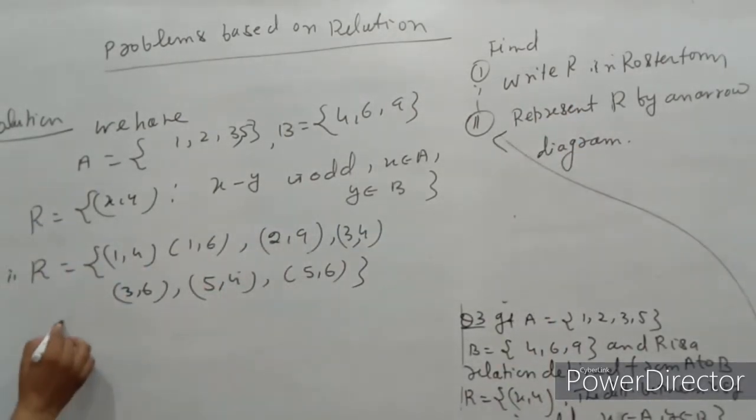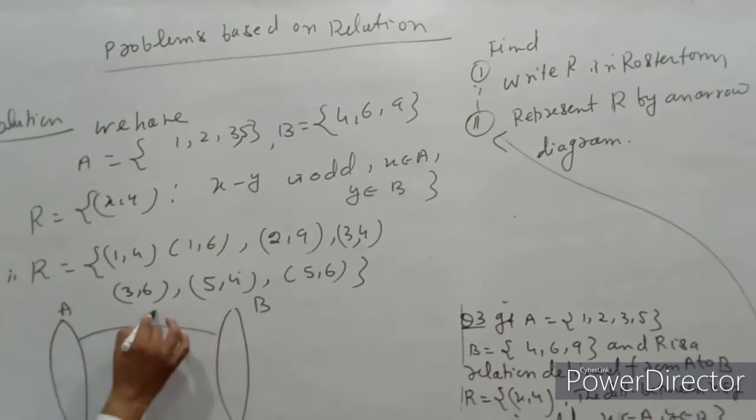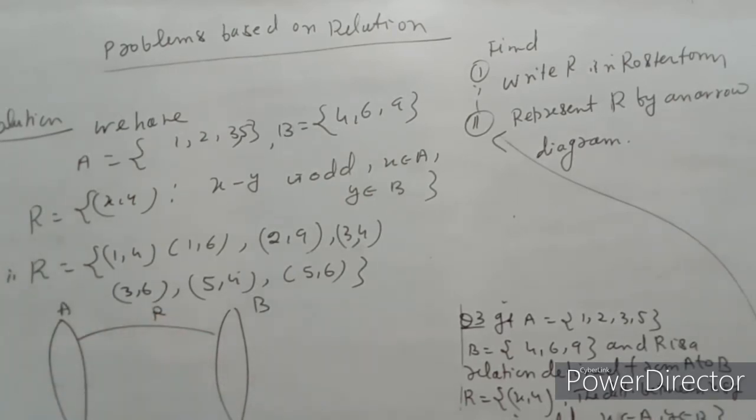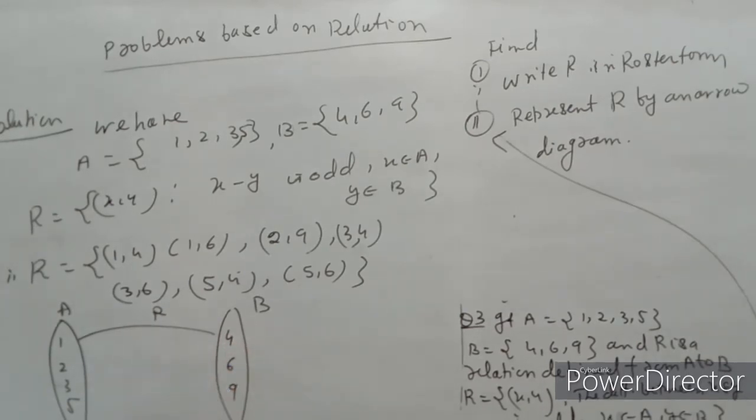Also we can represent R in the form of an arrow diagram. Here this is the set A, and this is the set B, and this is the relation R: 1, 2, 3, 5, and 4, 6 and 9.